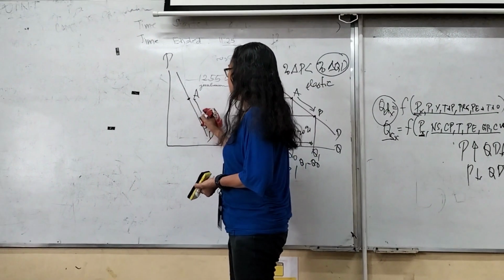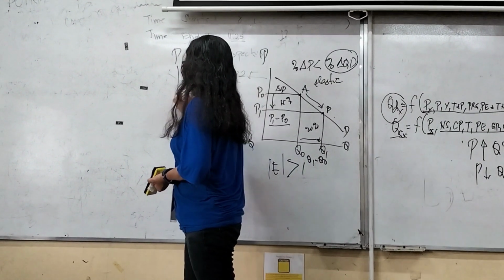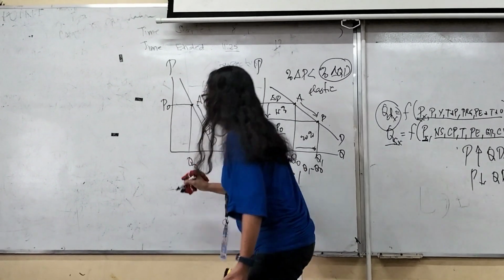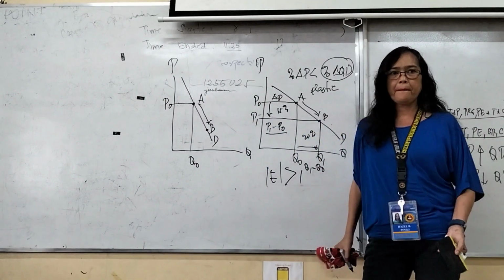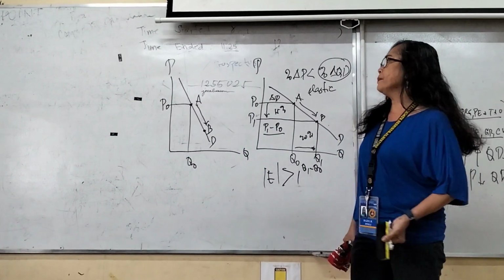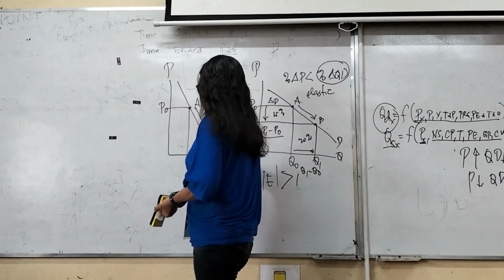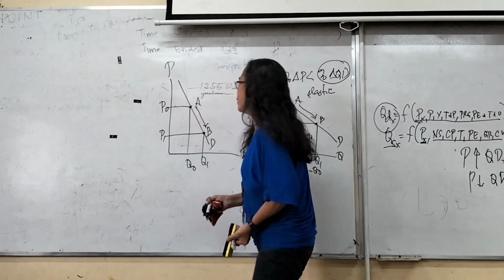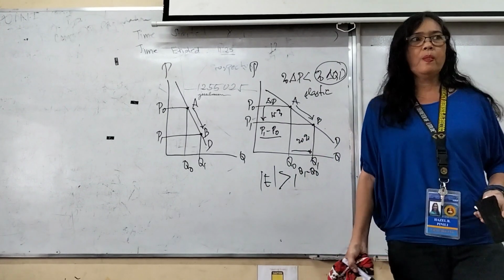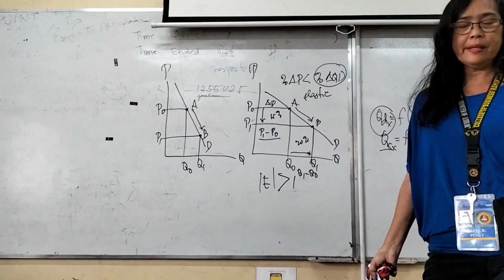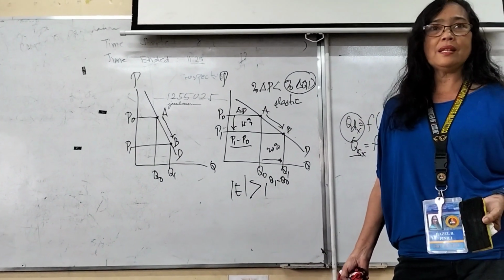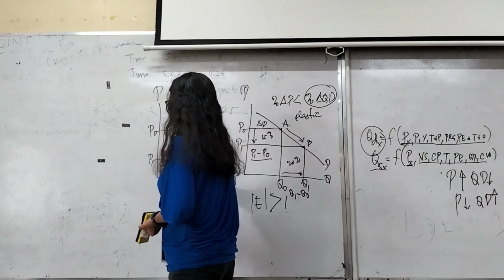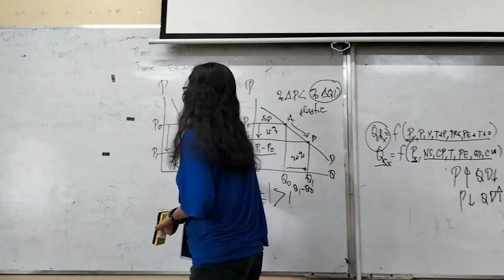See how the price goes down. We have our original price and our original quantity. Now we have our new price and our new quantity, which has greater change, price or quantity? Okay, it's the price. The price goes down, quantity goes up.